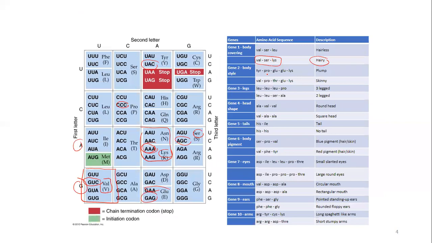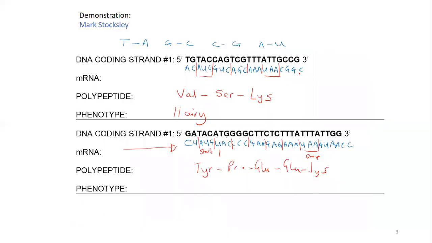This means our SNORK here, and yours is going to be different from this because mine is a different SNORK, has a phenotype that is plump. So our phenotype here is plump, like that. And so you just go through them gene by gene. There's going to be 10 genes.